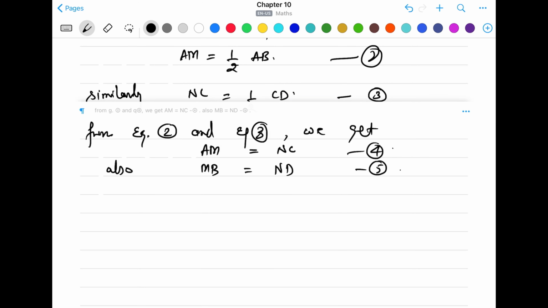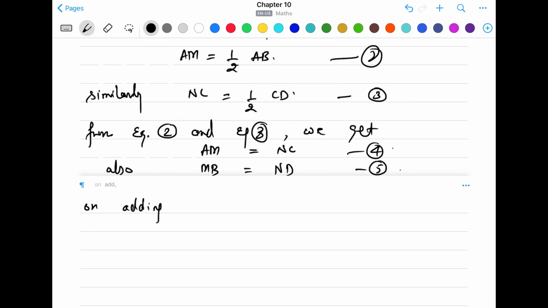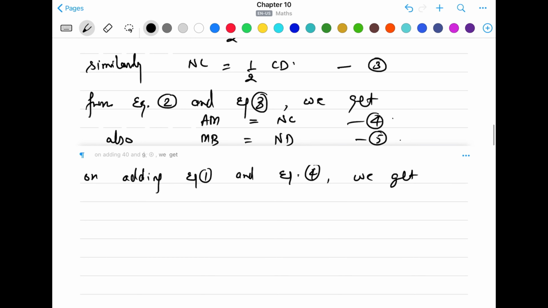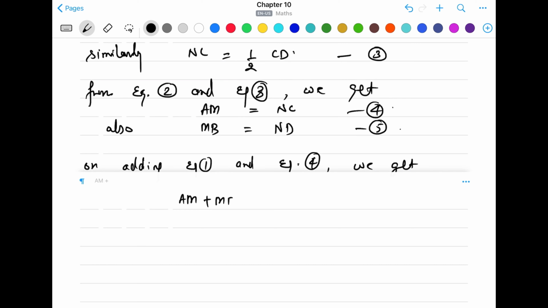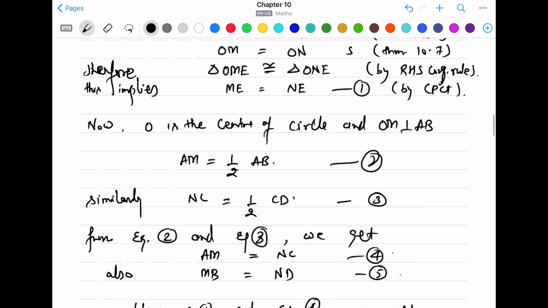On adding equation 1 and equation 4, in equation 1 we have this AM added to equation 1 we have ME. Okay, on the other side we have this NC and we are adding this NE.